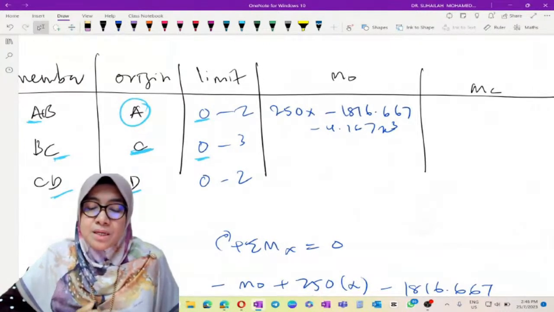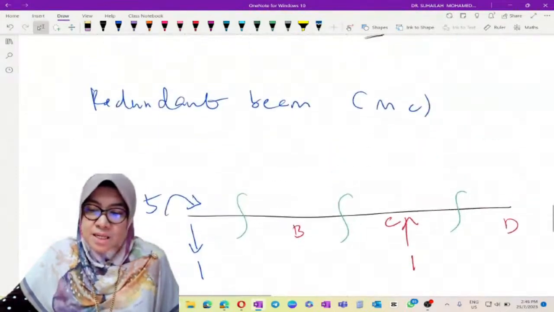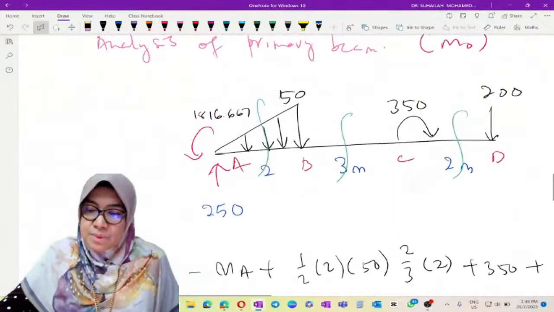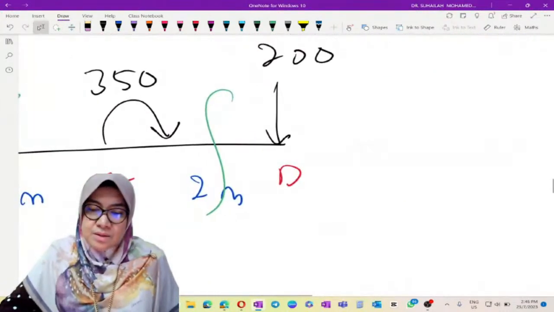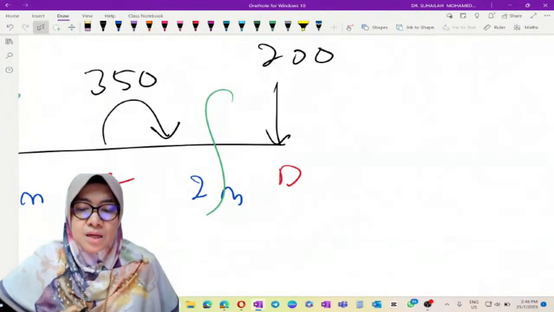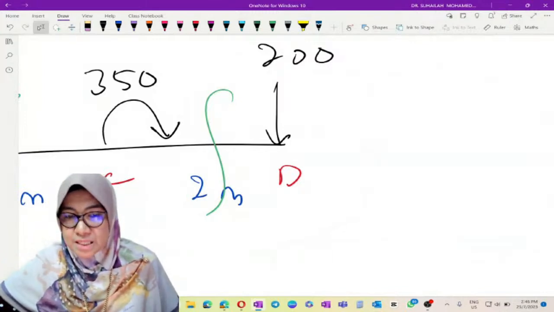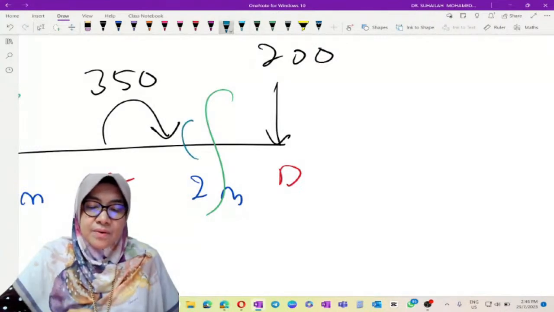For member CD, we will do member CD first. So for member CD, what we get is negative 200x, because the moment is acting in this direction.